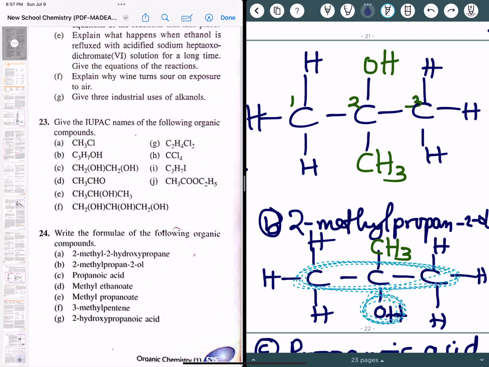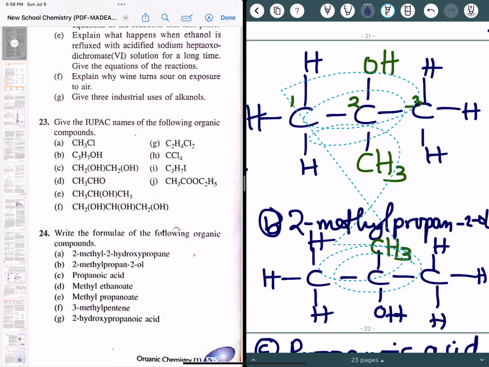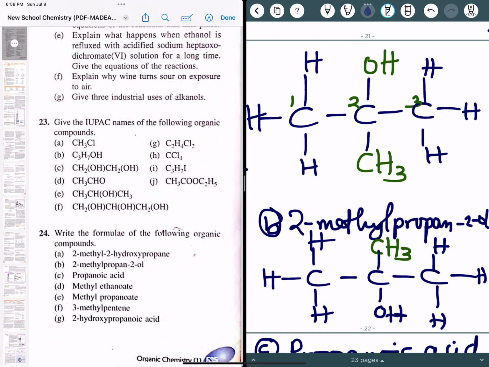But the question says there's a methyl group attached to the second carbon atom, so I'll just attach CH3. So this compound is 2-methyl-propan-2-ol. Essentially, it's the same as 2-methyl-2-hydroxypropane.